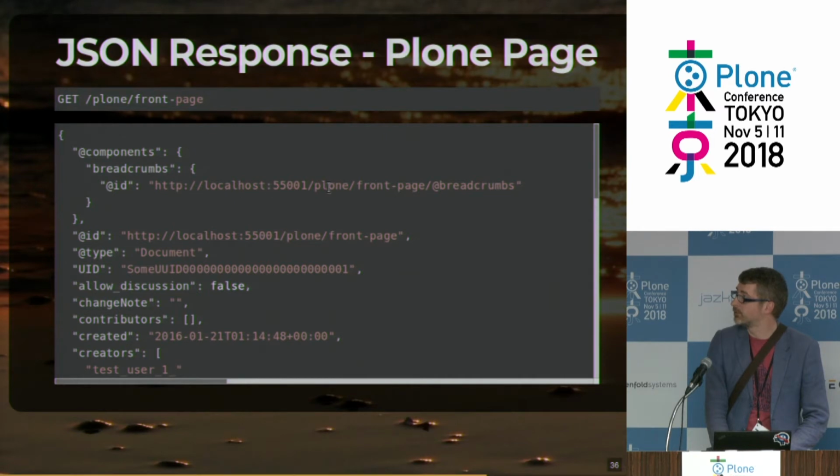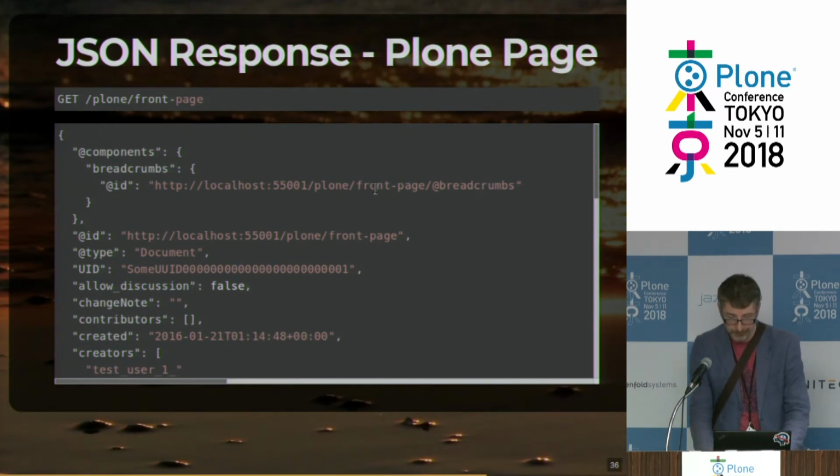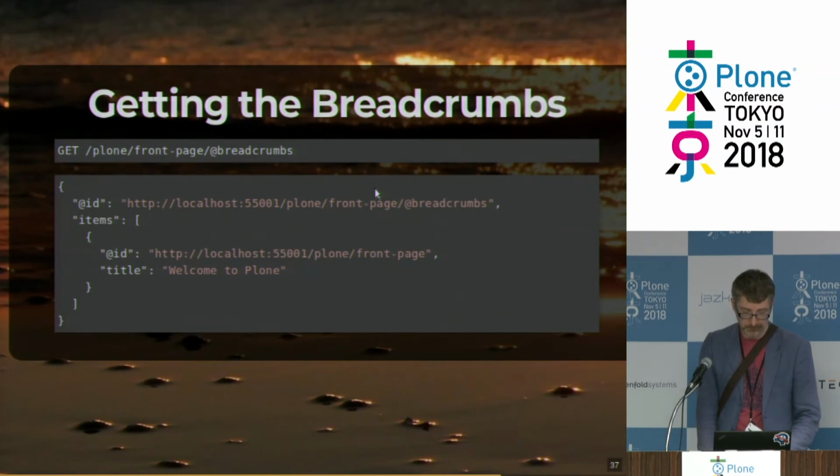And to get the breadcrumbs for the current context, you would just call this URL and it would give you the breadcrumb data, like this. But this would need another request, and you have to write some extra stuff on the client side to do that. Sometimes that's what you want to do.